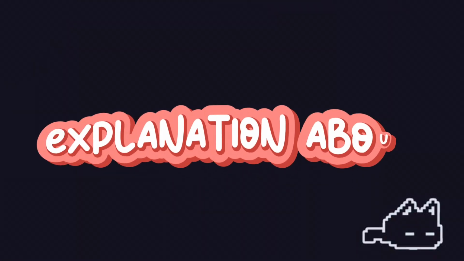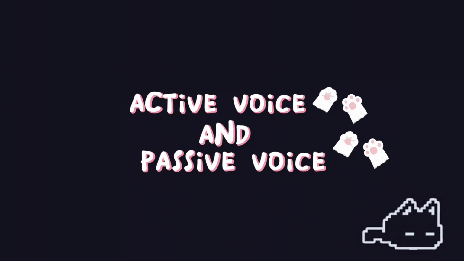Now, let's move on to the next point. Tenses are actually divided into 16 parts, but generally we usually focus on only 3, the simple tenses, because they are the basic ones. Oh, before we move on, I'd like to explain one thing about active voice and passive voice.